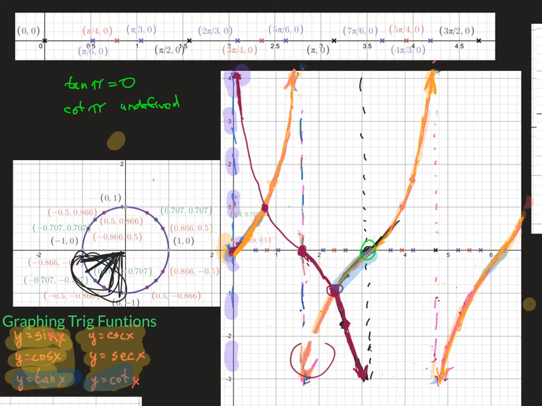So it goes into the positive. So cotangent must also be positive, because 1 over positive is positive. When tan is small, cotangent is large. When tan finally hits 1, cotangent will hit 1. Tan keeps going up higher, so cotangent keeps going down lower, and tan eventually will be undefined, and that's where cotangent is 0.